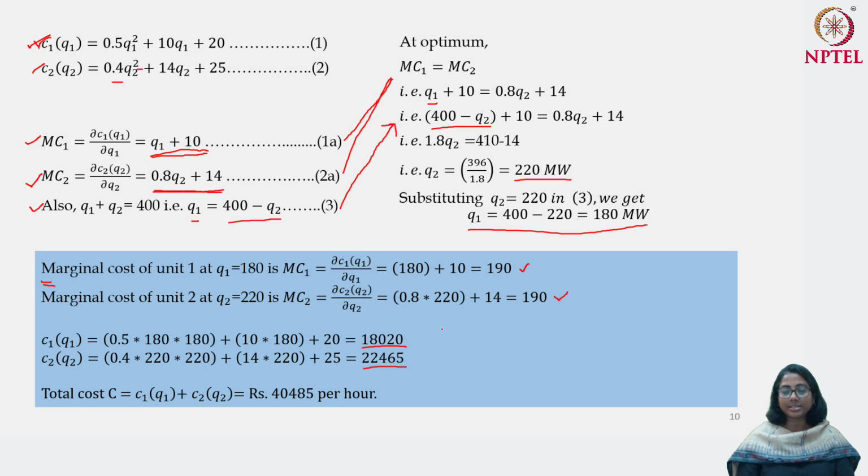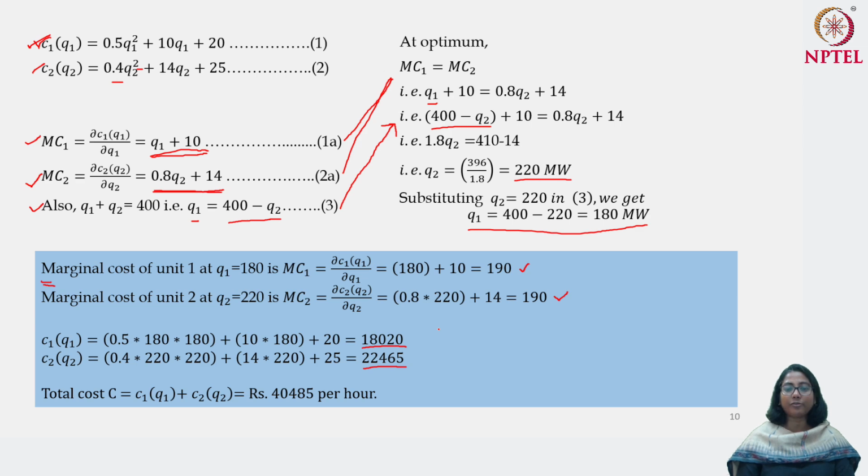Now there are certain interesting things that you can carry on along with this example. So this is the optimum allocation. What you can also do is check what will be the total cost under merit dispatch. In case of merit dispatch, you run the more efficient plant up to its full capacity if it is less than 400, and for the remaining amount you run the other plant, and then you see what is going to be the total cost.